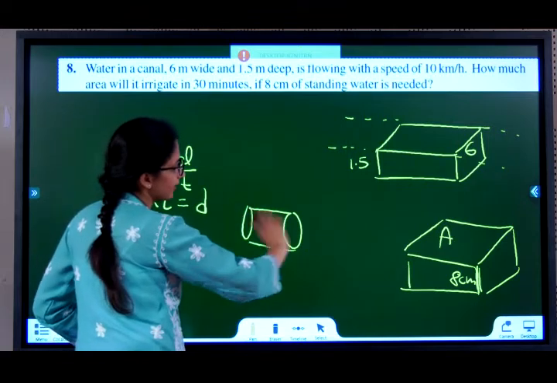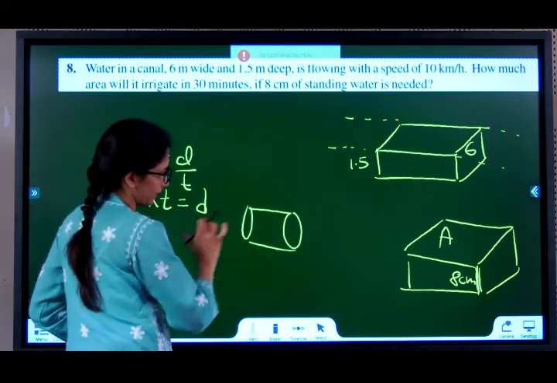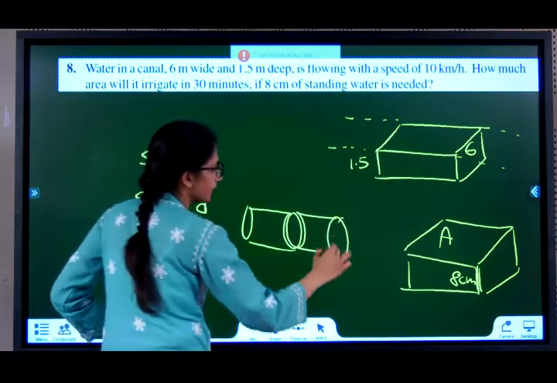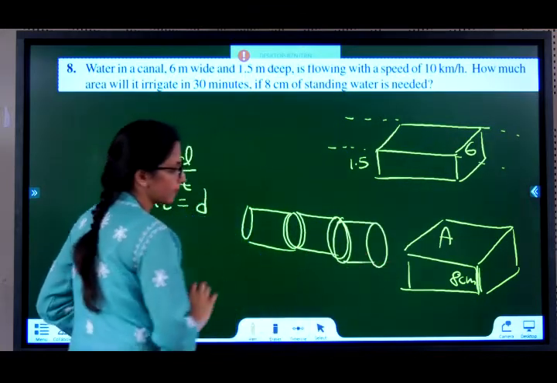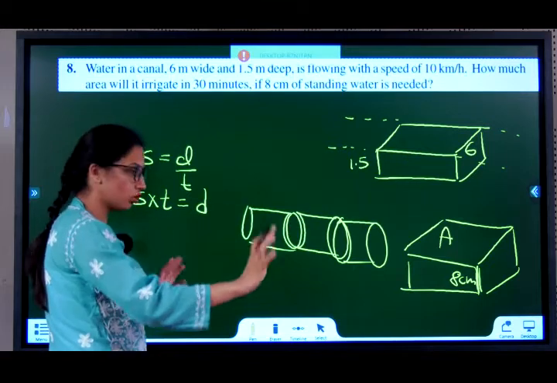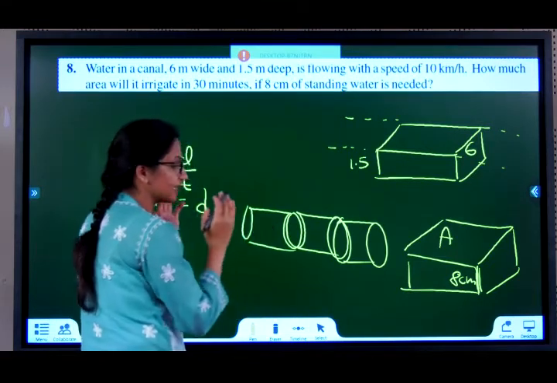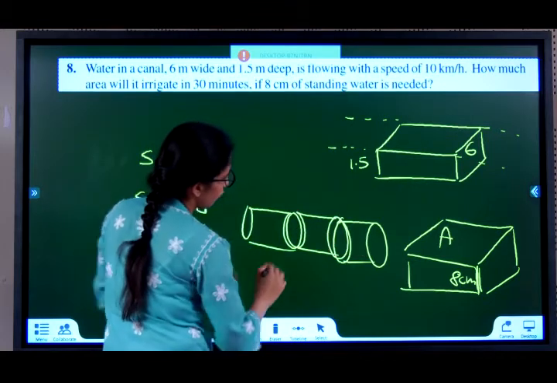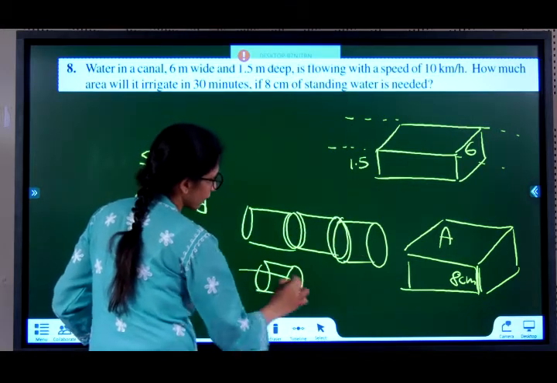Let's say in 1 second, this much water can flow through this much pipe. In 2 seconds, this much pipe. In 3 seconds, this much pipe. Does that mean the pipe is so long? No. It just means it is the same as taking 3 pipes together, or taking 1 pipe 3 times.